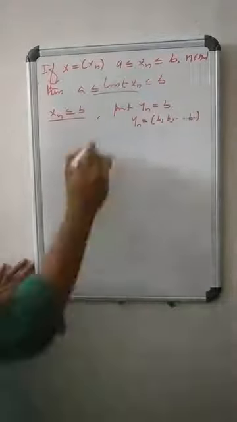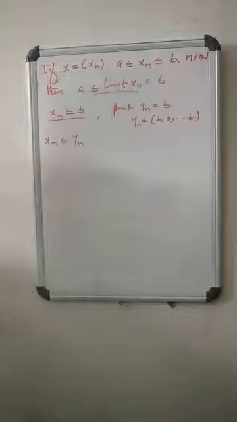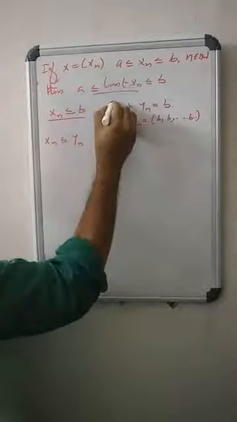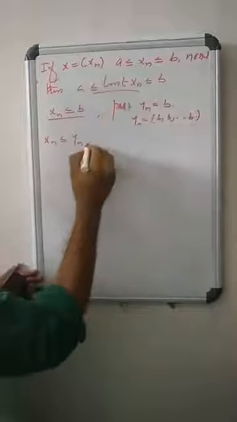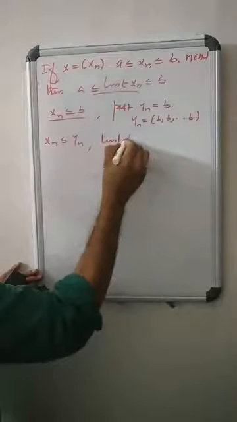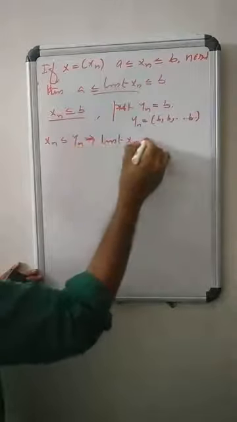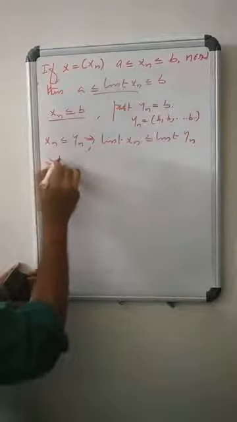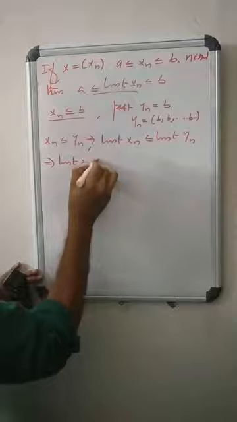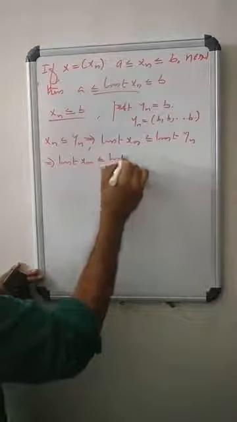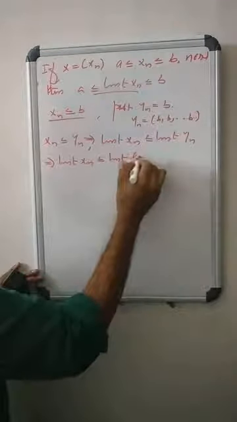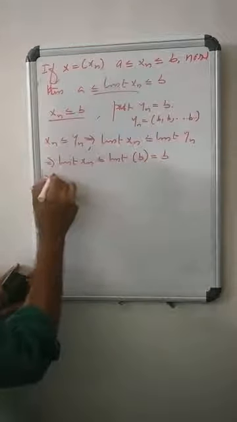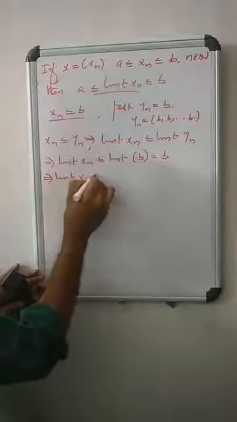We have xn less than or equal to yn. By the previous argument, when xn is less than or equal to yn, what about limit xn? Limit xn is less than or equal to limit yn. That means limit xn is less than or equal to the limit of yn, where yn equals b, and limit b equals b. So limit xn is less than or equal to b.